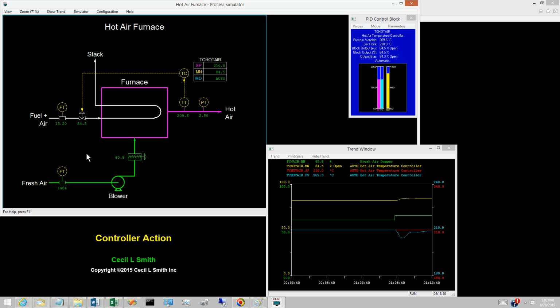The hot air temperature depends on the fuel flow and the fresh air flow. Instead of manipulating the fuel valve opening, the hot air temperature can be controlled by manipulating the fresh air damper opening. Let's switch to that configuration.